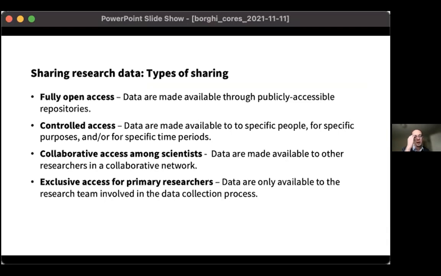So this is your Figshares, your Dryads, your Open Science Frameworks, that kind of thing, where you can make links that are publicly accessible. There are also, though, much more controlled forms of access where data are made available to specific people for specific purposes and or for specific time periods.